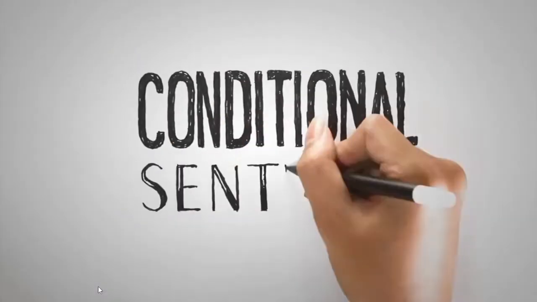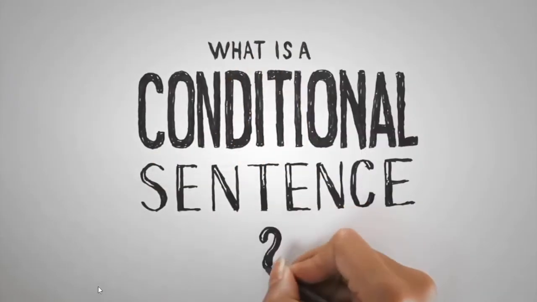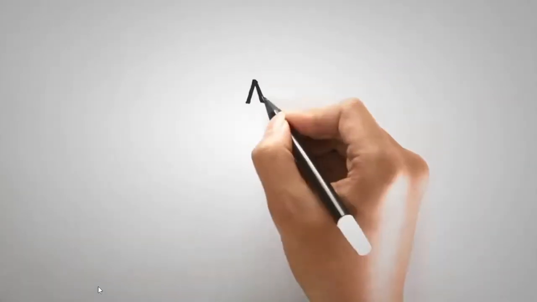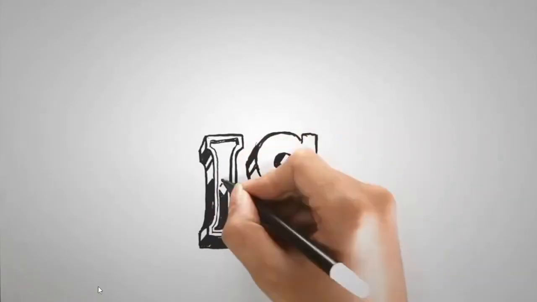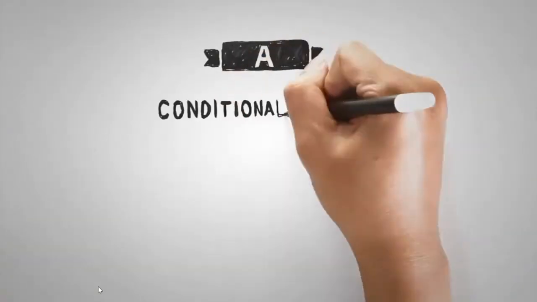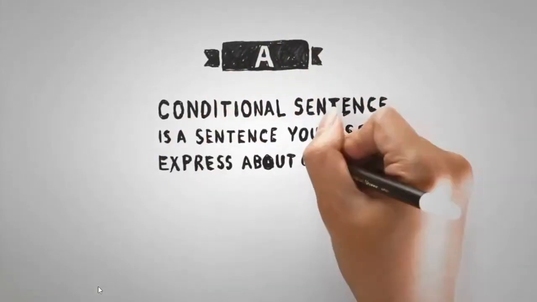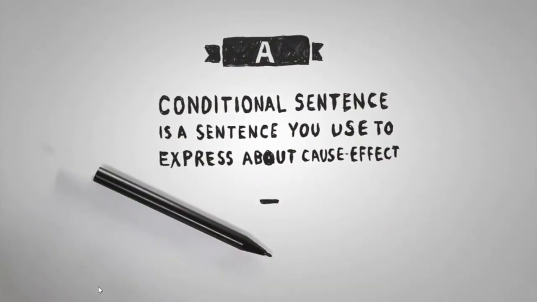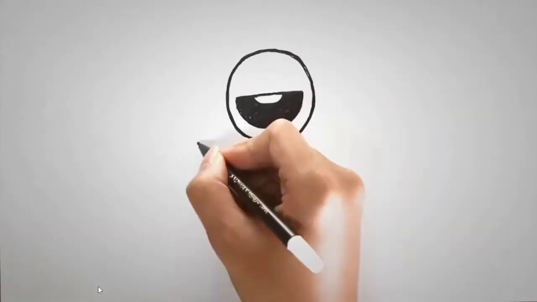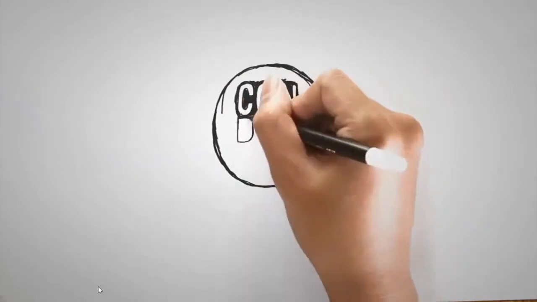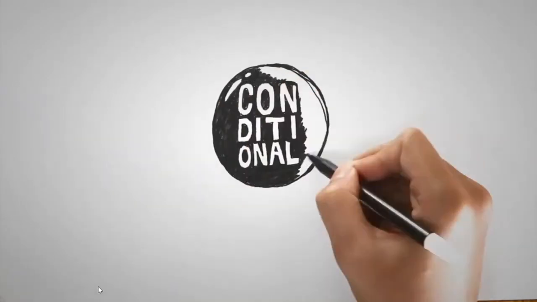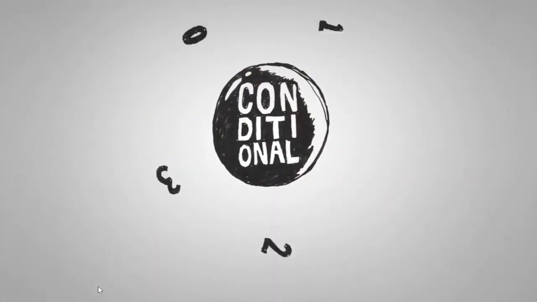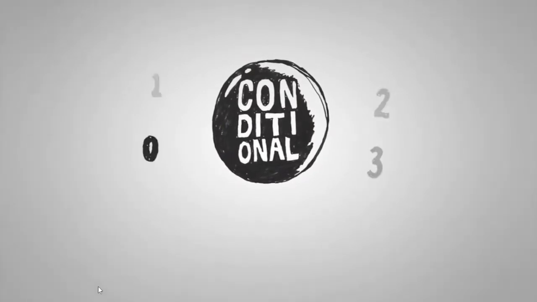What is a conditional sentence? A conditional sentence is a sentence you use to express about a cause and effect. That's it. Bye-bye. Just kidding. But to be real, there are many types of conditionals, but the first type that we will learn here is the zero conditional.